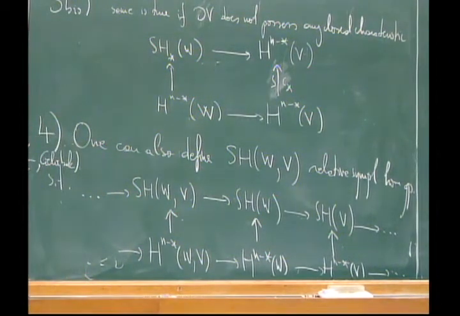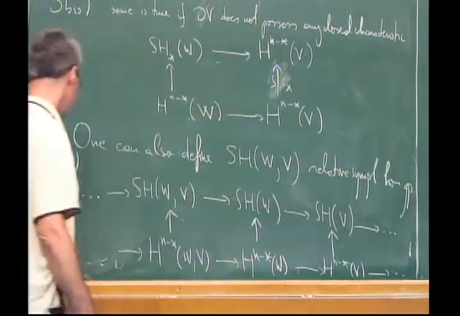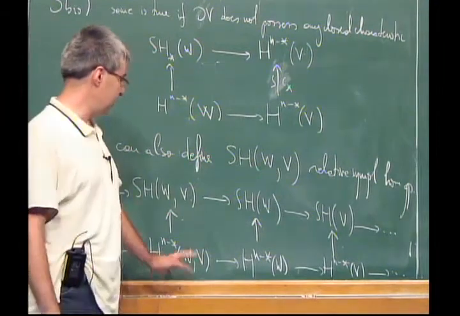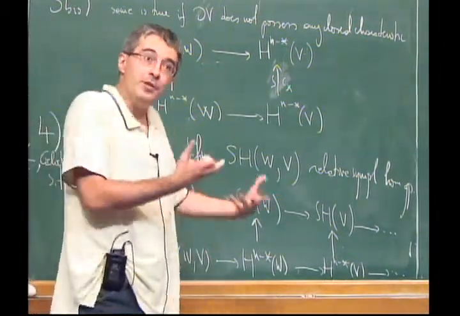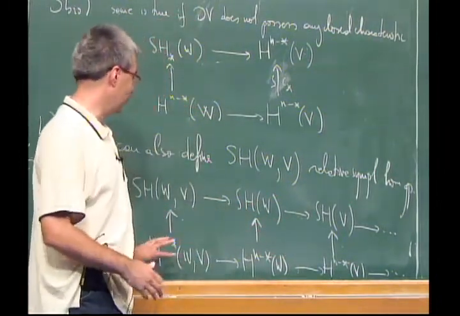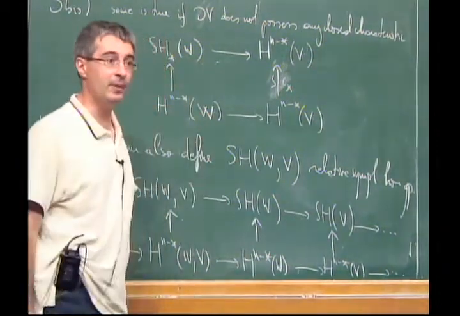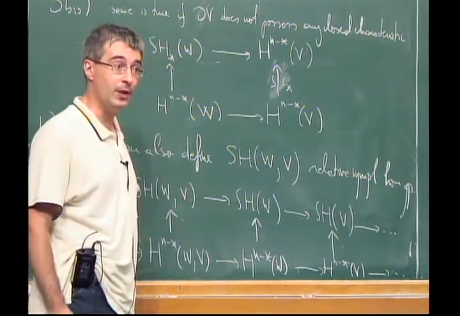So the way I like to present this is that just like singular cohomology is a cohomology theory, meaning that you can define the cohomology of a pair, you have this long exact sequence of a pair. There's also something called excision, which is very important in computations.